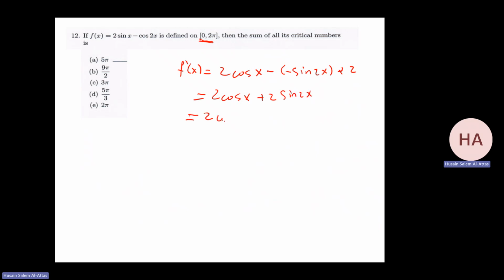Let me be careful: 2 times sine x cosine x. I can take 2 cosine x as a common factor. I have 1 plus 2 sine x.